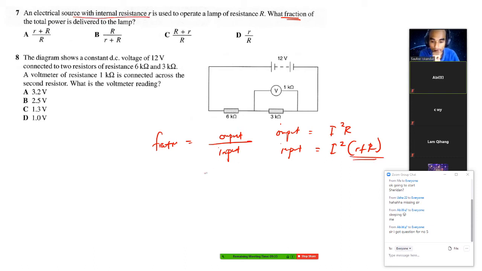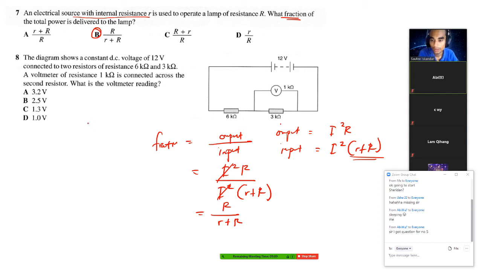So you have I squared R divided by I squared times (R plus r). Okay, so you cancel the I squared, you have R over (R plus r), so the answer will be B.